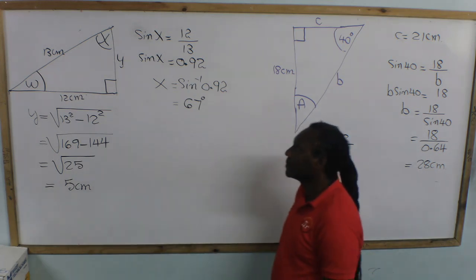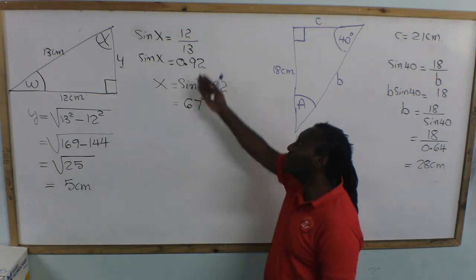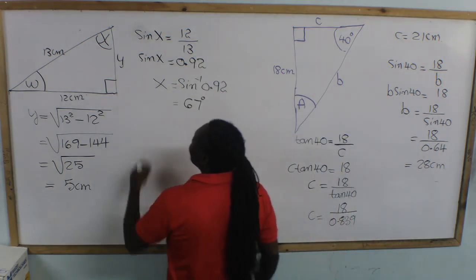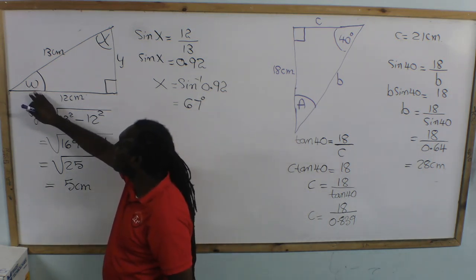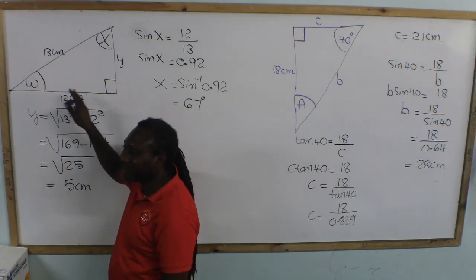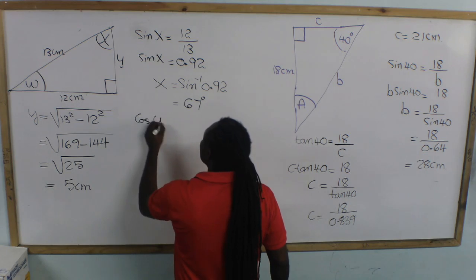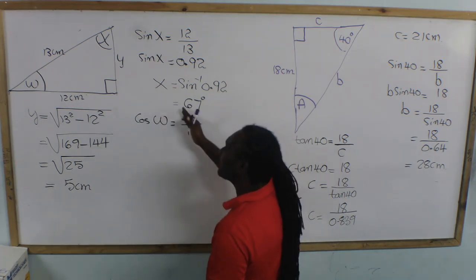Now, what about the other angle? Don't use a previously calculated value. You're going to still use these two numbers. So you're going to say what? For this one, you're going to say the other way around: adjacent over hypotenuse, right? So cos of W is equal to the same thing, 12 over 13.